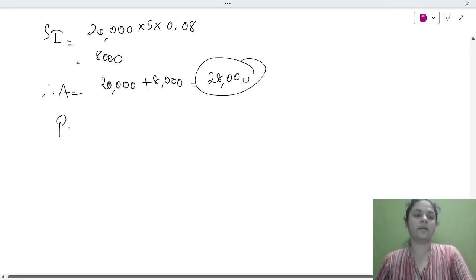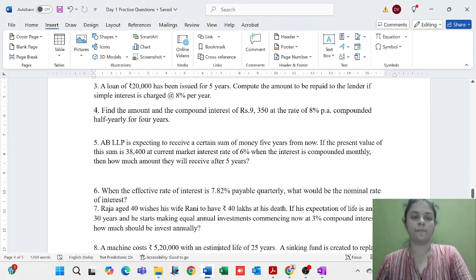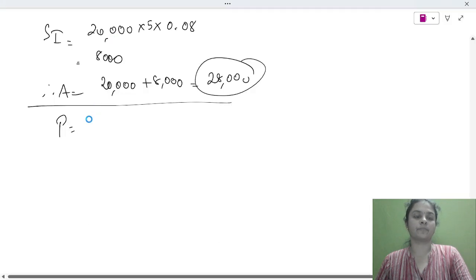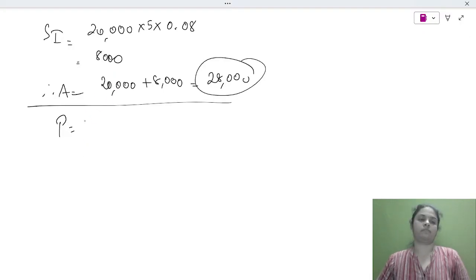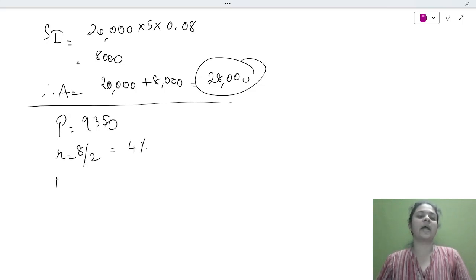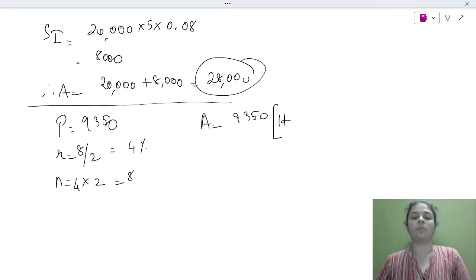So here principal is equal to 9,350. R is equal to 8 by 2, so 4%, and N is equal to 4 into 2, which is 8. So amount will be 9350 into 1 plus I, 1 plus 0.04, the whole power 8.